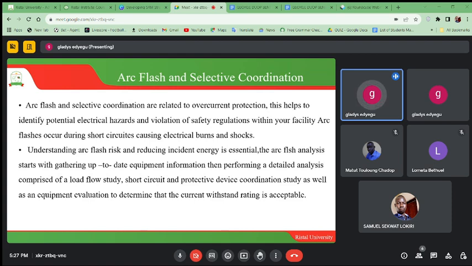So these arc flashes occur during short circuits, and they can cause electrical burns and shocks. When someone goes around that area and touches, they can get shocked, or even get burnt. So this is very important: when you see it, don't ignore it, but take it seriously and address it.